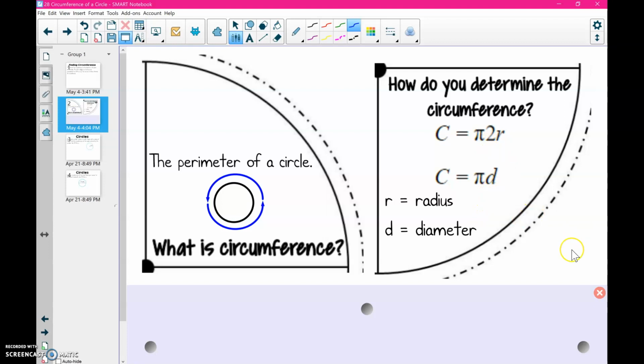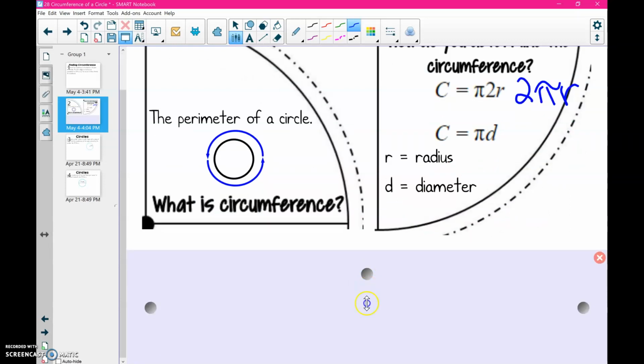So you might see it as 2 pi r. That's sometimes how we see it. But it really doesn't matter because it's all being multiplied together. That commutative property allows us to put it in whatever order we want. And just a reminder that that r means radius, which is just halfway across from the center to the edge, whereas diameter is all the way across, okay?